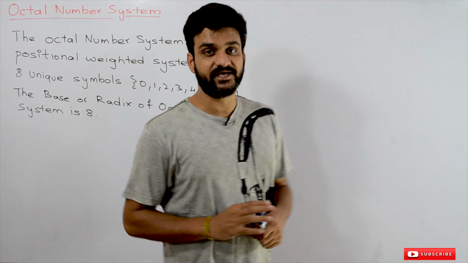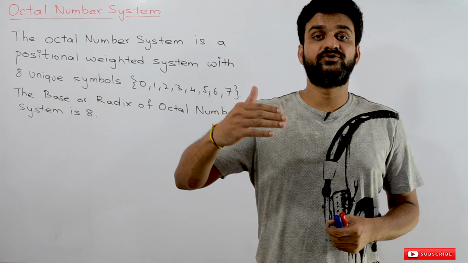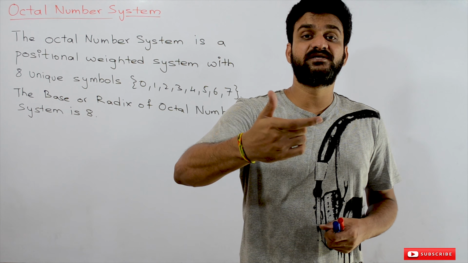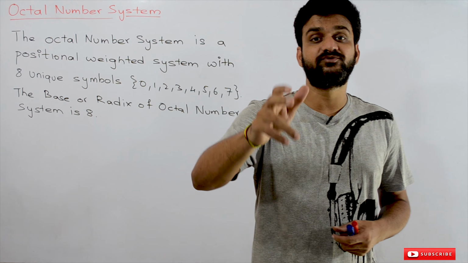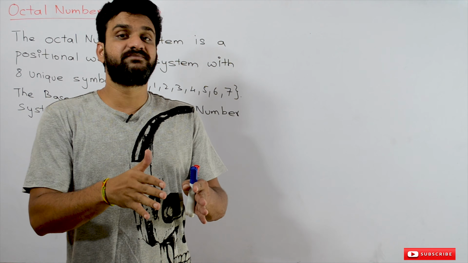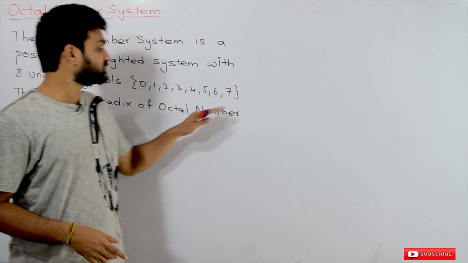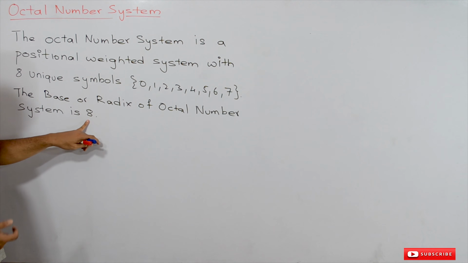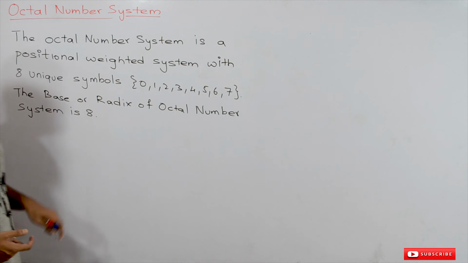What does that mean is, any number is made up of 8 unique symbols. So it is based upon the 8 unique symbols that are given. That is the reason why the octal number system is represented in a base or radix of 8.